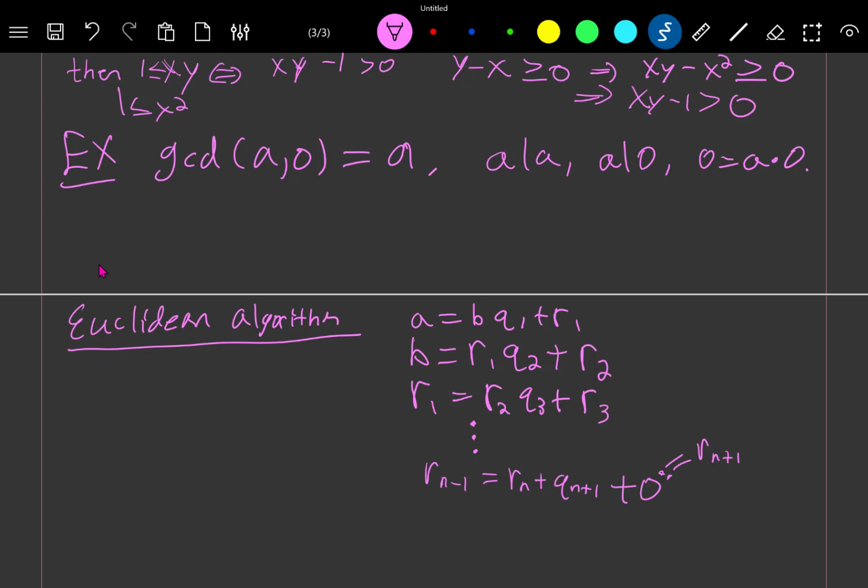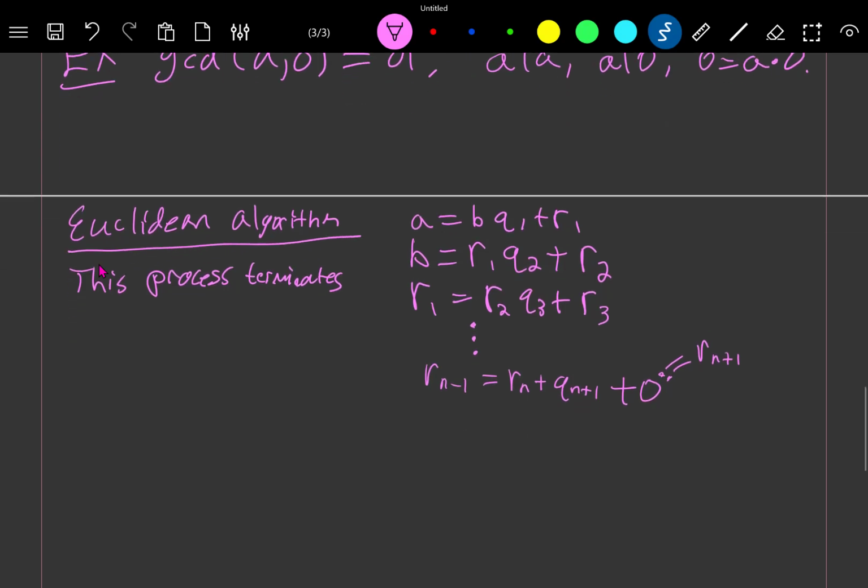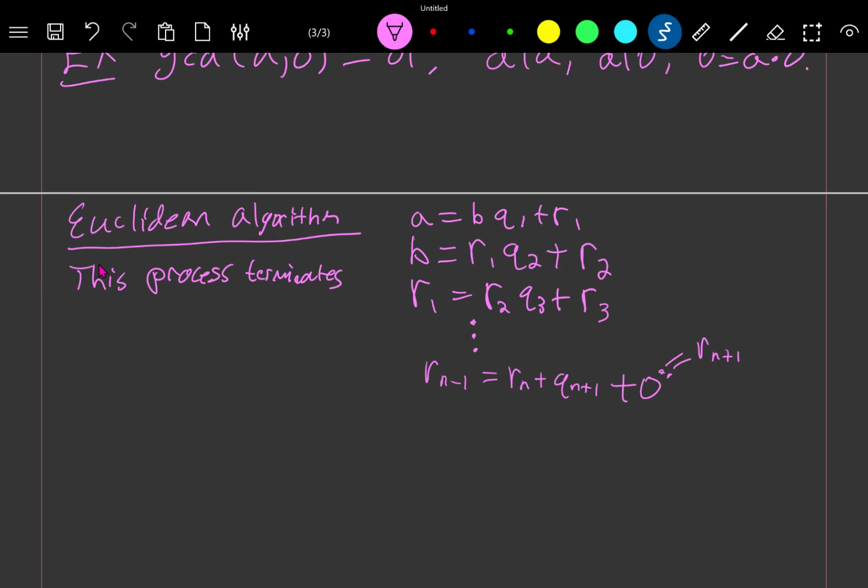And so when you keep repeating this, there are two claims, namely, this process terminates, and the last claim is that the last non-zero remainder, so up here we'll have R_{n-2} is R_{n-1} times Q_n plus R_n.